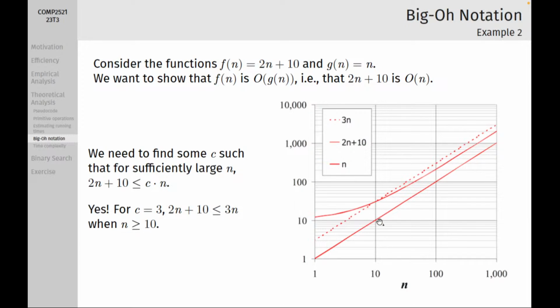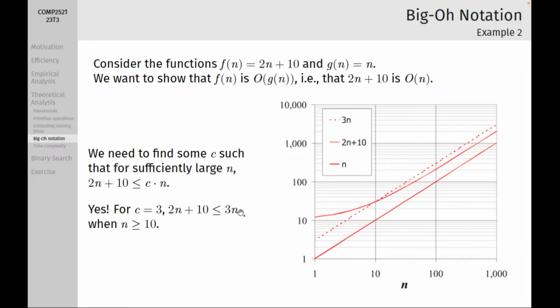You can see that in this graph. 3n is this dotted line here. Notice that if we didn't multiply n by 3, there's no way it would overtake 2n plus 10. 2n plus 10 is directly above n, and they're both growing at the same rate.